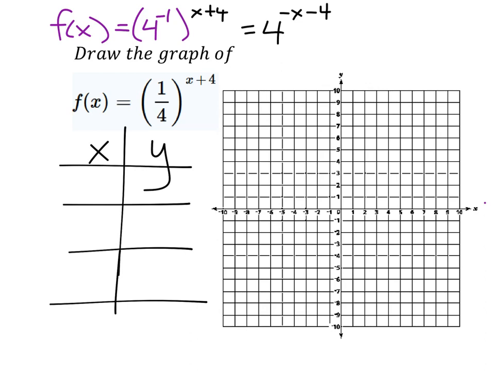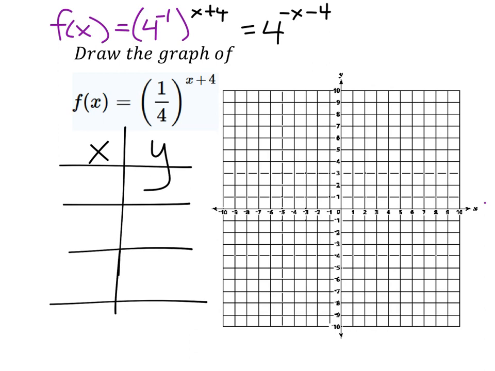Okay, so we should expect to see something like that. Again, that's because it's a fraction, and then with the negative exponent thing, once we get into x's that are negative, it's going to make it increase pretty fast. I don't expect you guys to memorize that stuff, though, okay?